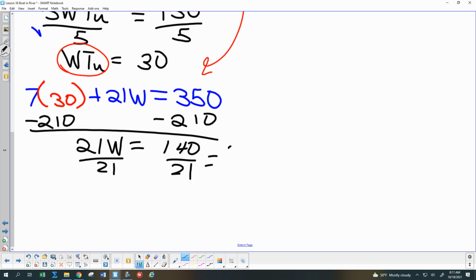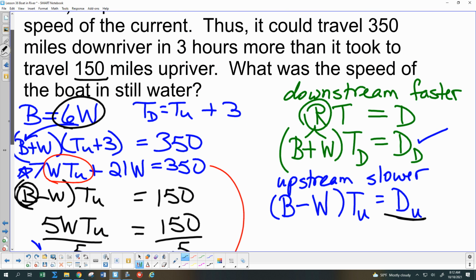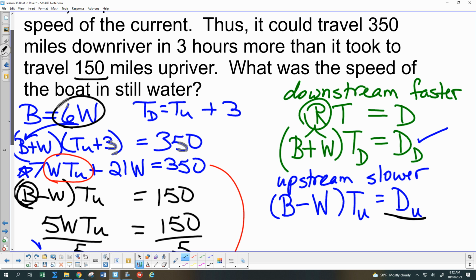Now, why don't I want to go ahead and say 6.666, 6.667 right now? Yep. Because I'm not done. You can't really see, but this one specifically said find the speed of the boat. I don't want to round and then reuse it.